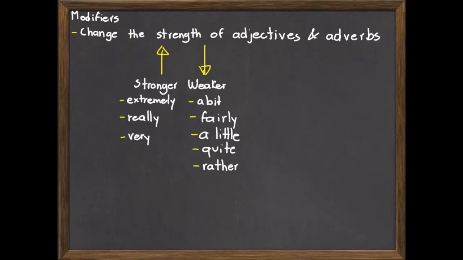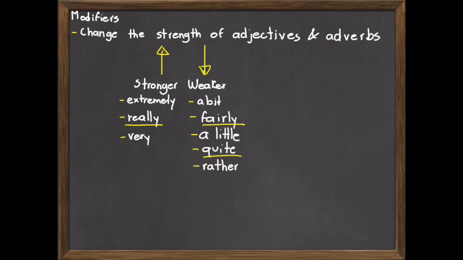Now, some modifiers are more common than others. For example, quite, fairly, and really are more common in spoken language. And as I said, they would go before the adjective or adverb that they are modifying or changing.